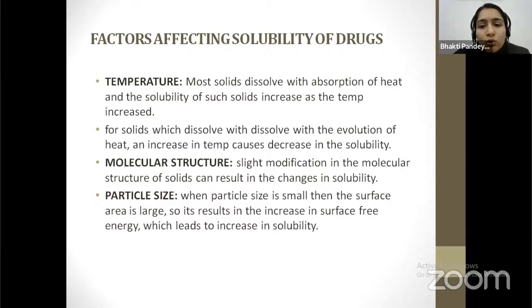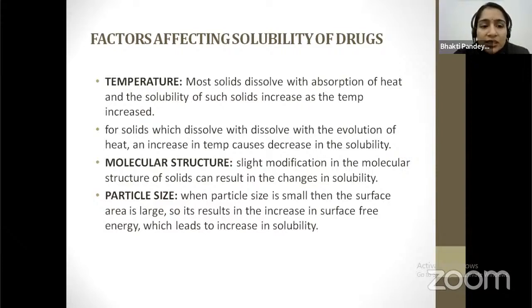Most solids dissolve with absorption of heat, and the solubility of such solids increases as the temperature increases. So there are many types of solids which absorb heat. If this is the case, then the solubility will be increased for that particular solid.